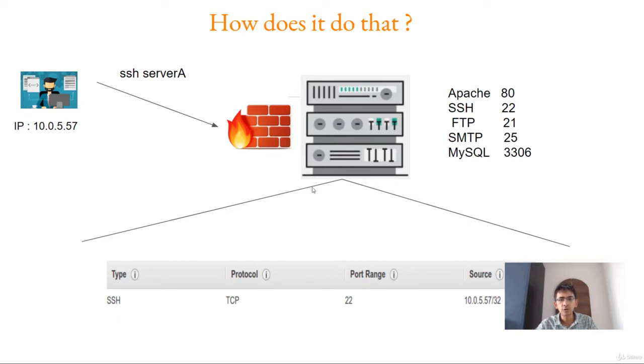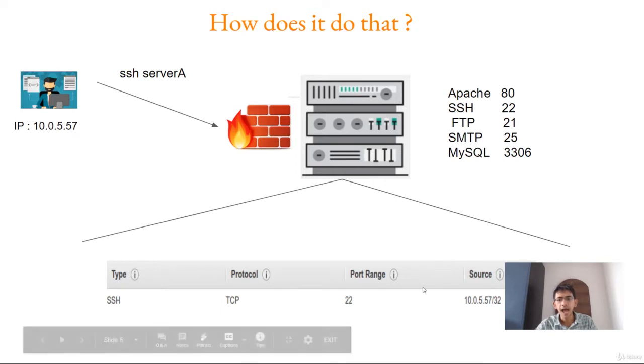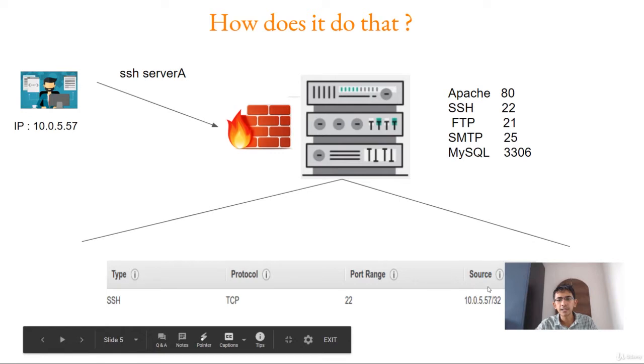Now, if you look at this rule here, this is basically the firewall rule. In this firewall rule, we are saying that anyone connecting to port 22, which is associated with SSH, and the source, where you are giving the IP address, so anyone connecting to port 22 who has the IP address defined over here, allow that connection.